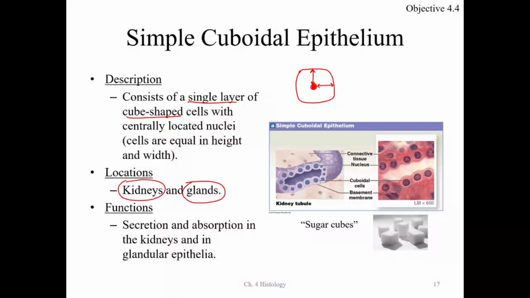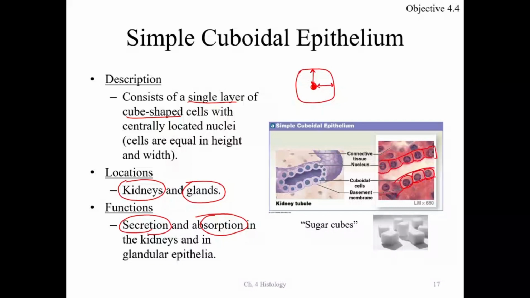It's going to be functioning in absorption and secretion in your kidneys and glands. Now, right here we have kidneys. So that is one cell thick, and the cells are boxy.